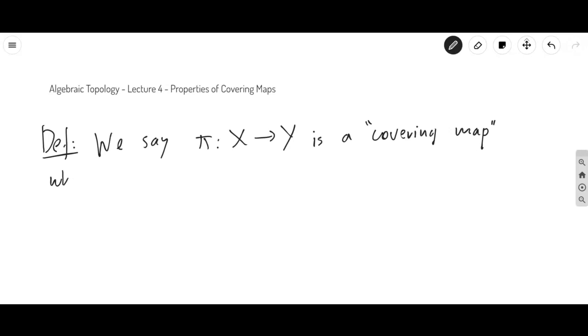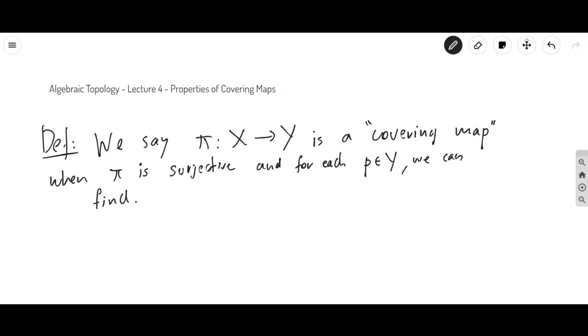When pi is surjective, which should make sense because otherwise why would we call that a covering? And for each p in Y, we can find an evenly covered neighborhood.